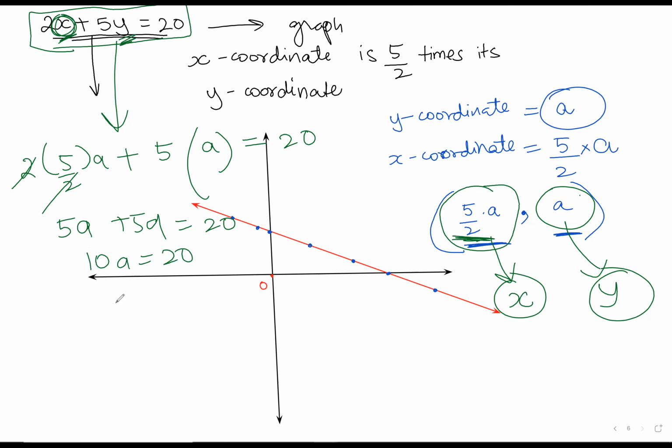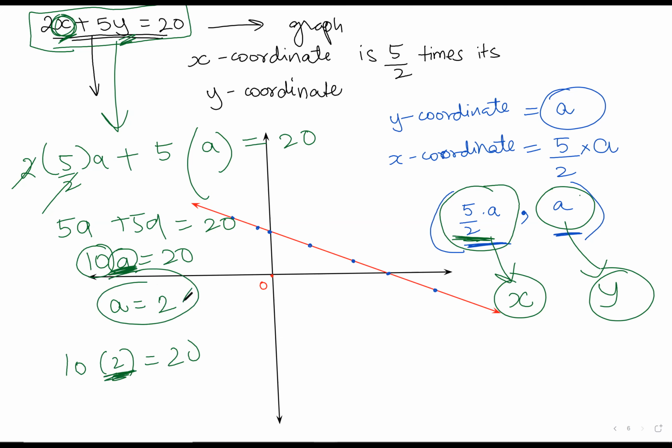So now what is the value of a? 20 divided by 10, because this is 10 multiplied by a, right? Yes. 20 divided by 10, and that is 2. Why? Because 10 multiplied by 2 is equal to 20, right? So a is equal to 2.